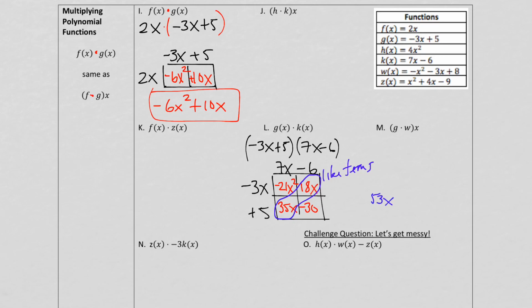And guys, I'm being kind of messy here, so please, on your paper, leave space for M here to do work there as well, but I'm kind of spilling over in the video, so sorry about that. And then I still have this minus 21x squared and this minus 30 that don't have any like terms, so I'll just copy them the exact same way. Minus 21x squared and then minus 30. And once I'm here, notice how I have no more like terms, so I'm stuck. So that's my answer for example L.